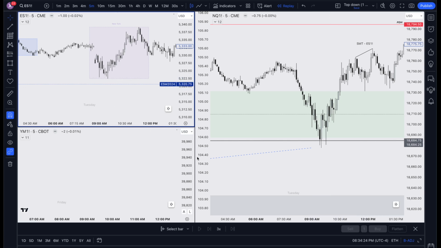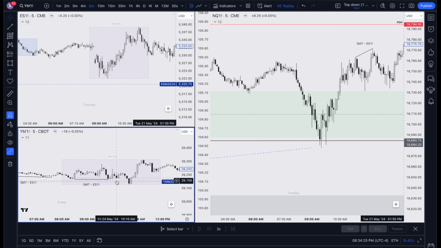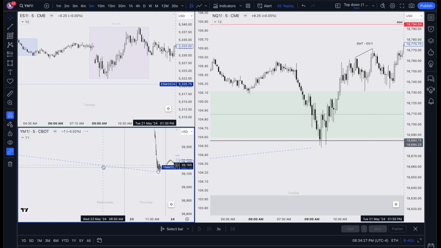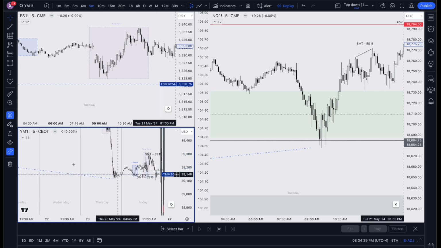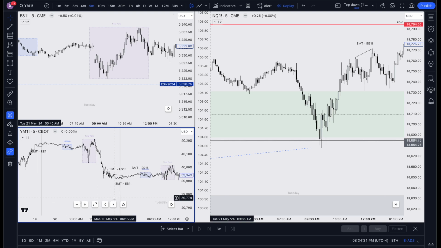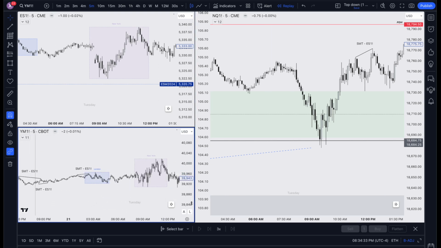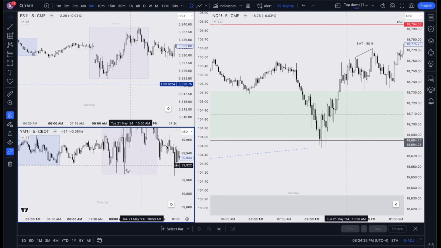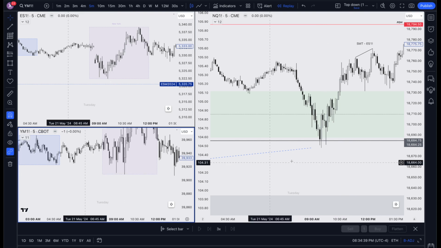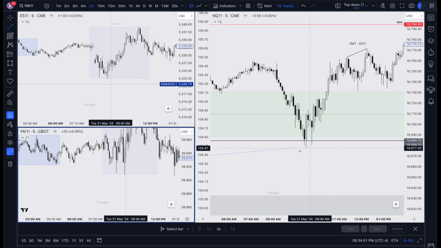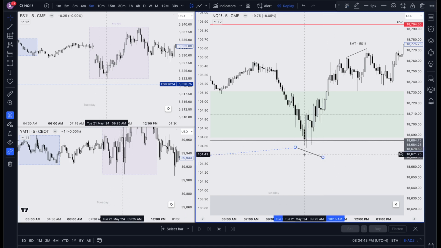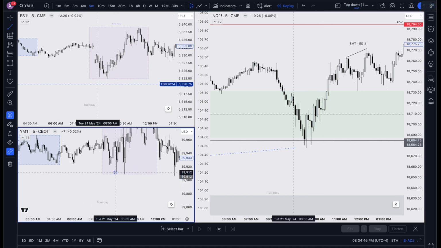Is there anything with the Dow? Sorry. I hate back testing on TradingView because it never syncs up my cursor with my thing. Sorry. Ah, yes. Okay, so here is my SMT on the Dow. I'll just mark it on the Dow.